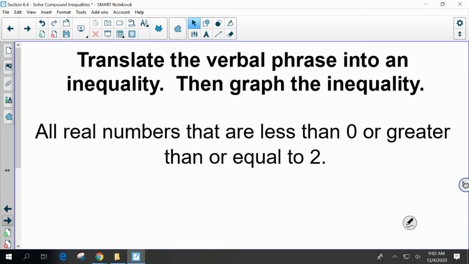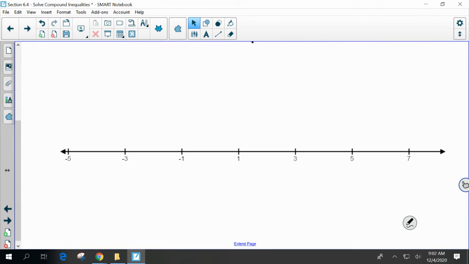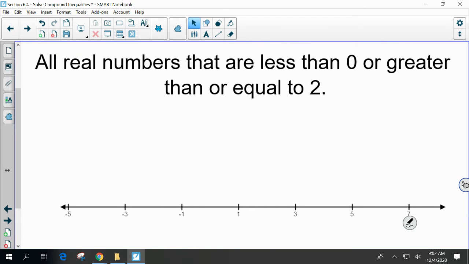Okay. So all real numbers that are less than 0. So x has to be less than 0 or greater than or equal to 2. Greater than or equal to 2.